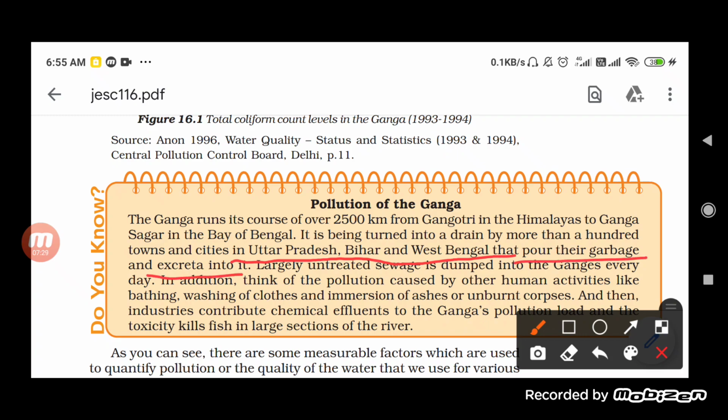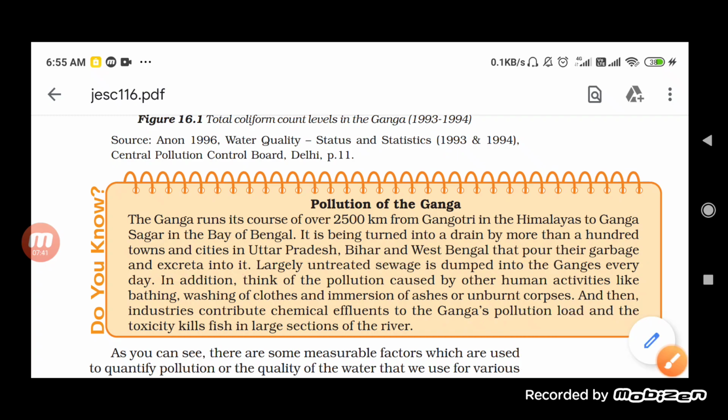So untreated sewage dumped into the Ganga every day will cause pollution. And not only untreated sewage, people immerse ashes, wash clothes, bathe, and unburned corpses are also thrown into the Ganga river.